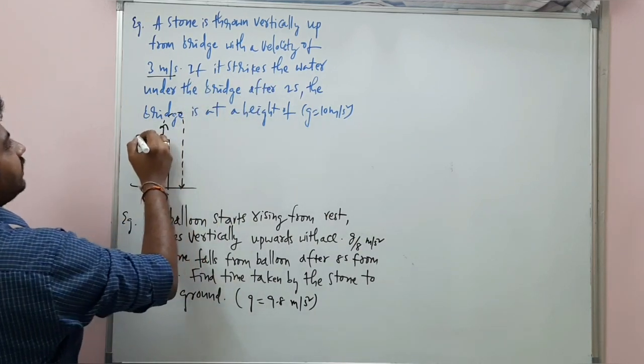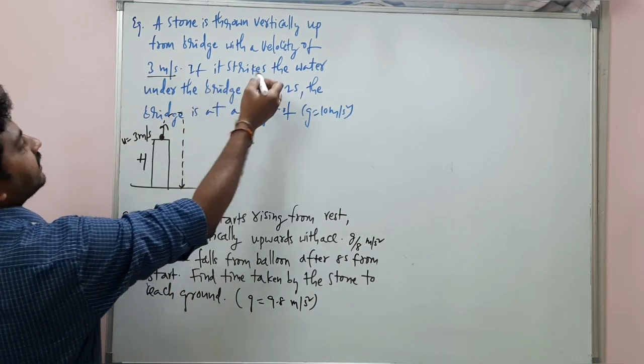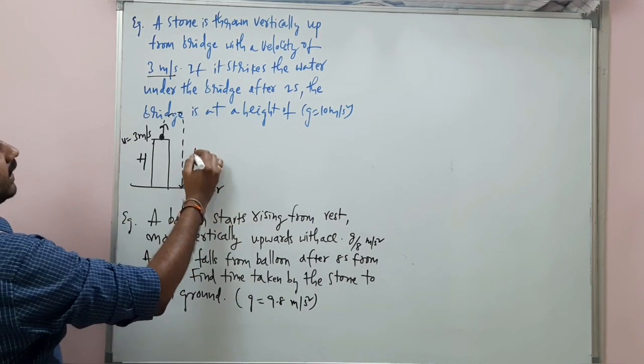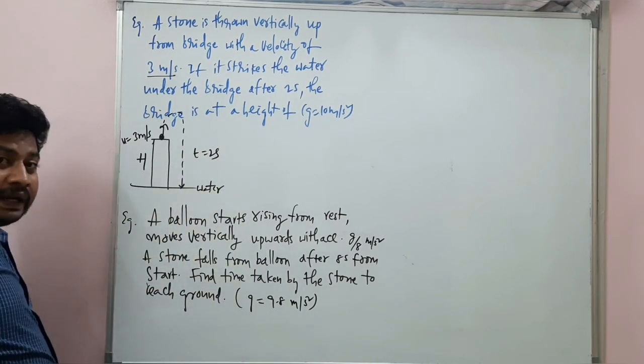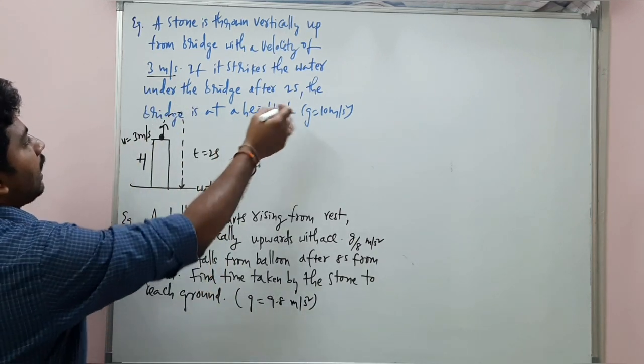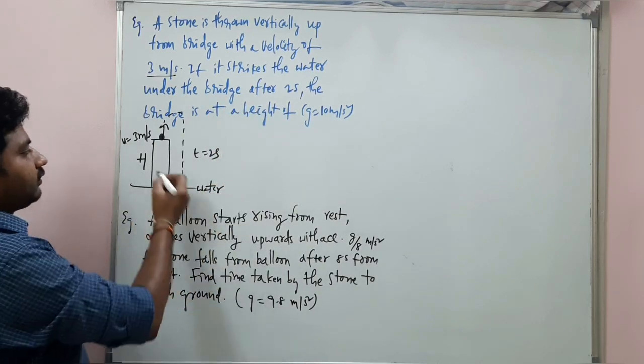The initial velocity is given as 3 meters per second. If it strikes the water below the bridge in a time of 2 seconds, what is t? The time taken by the stone to reach the ground is 2 seconds. We need to find the height of the bridge.